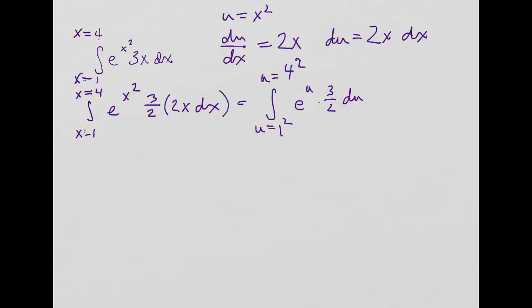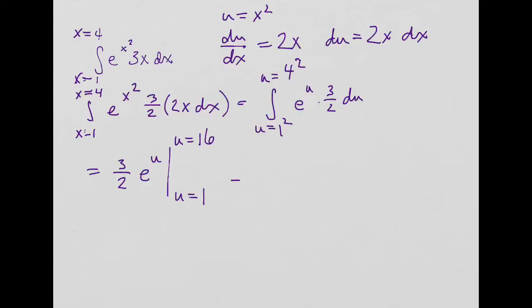So when we take the integral, we're going to have the integral of 3/2 e to the u, and now we're going from u equals 1 squared, which is 1, to 4 squared, which is 16.